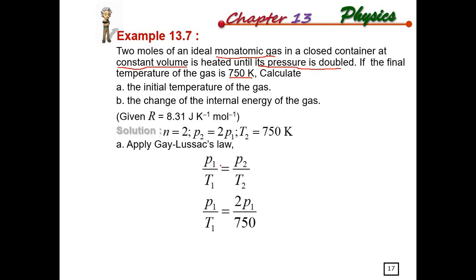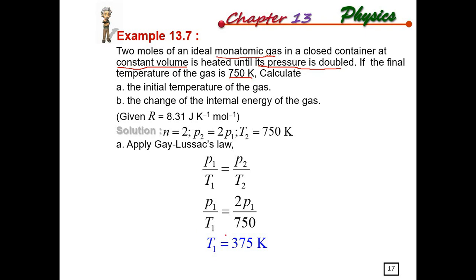We have P1 over T1 equals P2 over T2. Substituting P2, which is double P1, P1 over T1 equals 2 times P1 over T2, with T2 being 750 Kelvin. Now we have the initial temperature of the system, T1 equals 375 Kelvin. This is the answer for A.